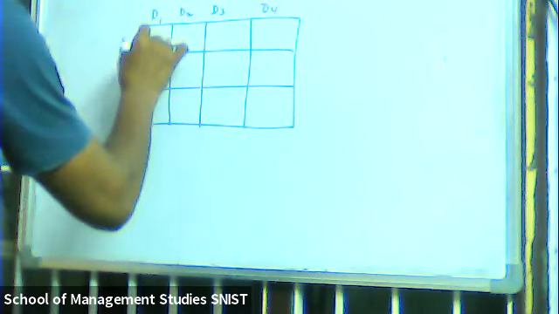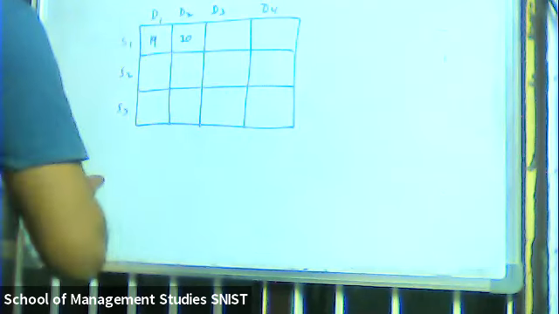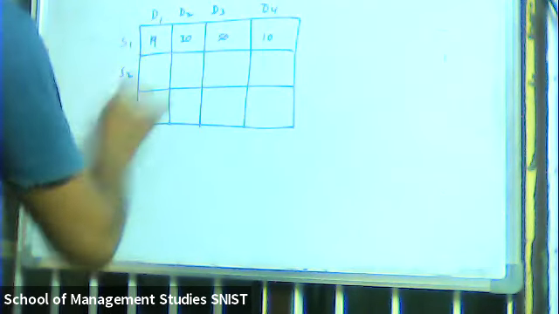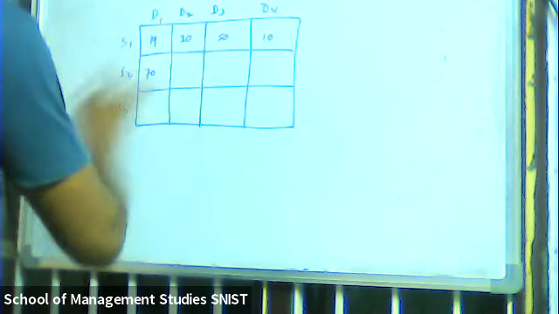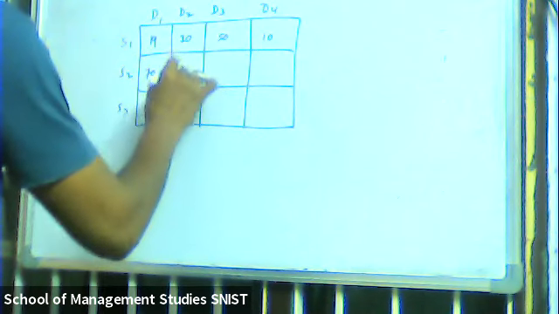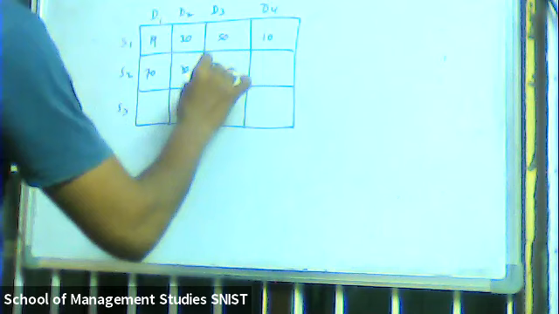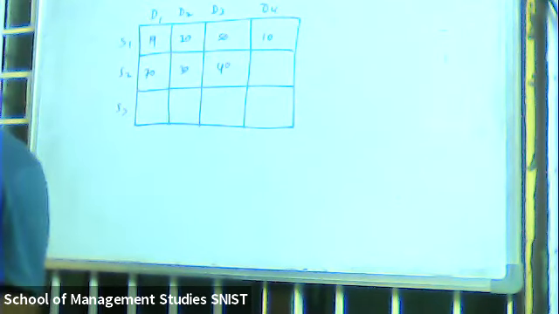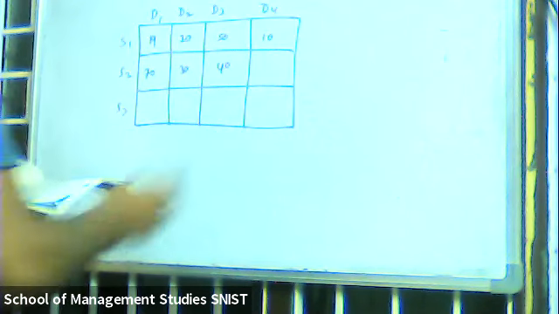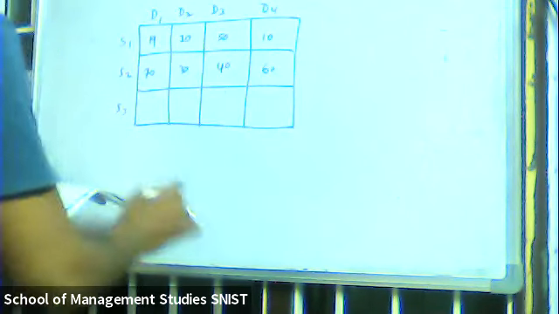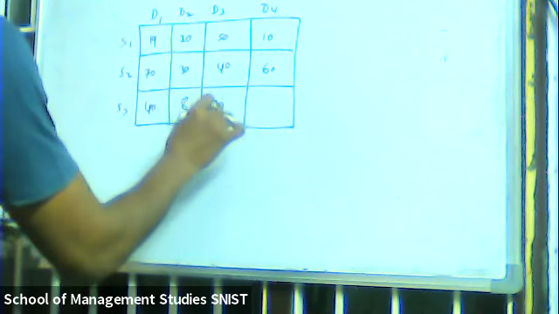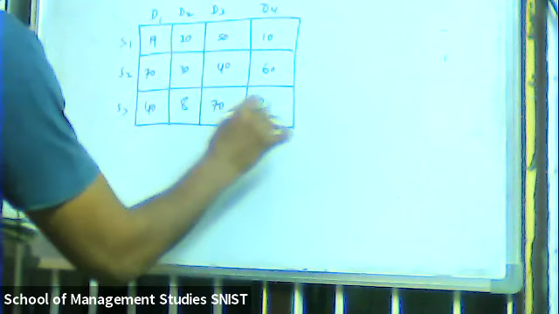So 19, 30, 50, 10, 70, 30, 40, 60, 60, 40, 8, 70, 20.